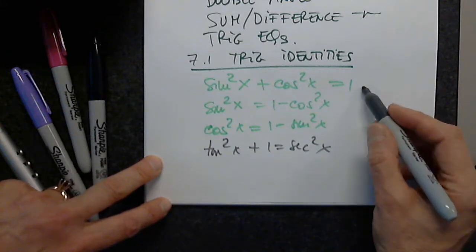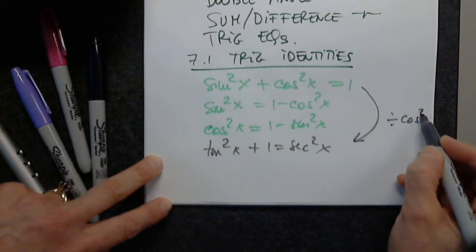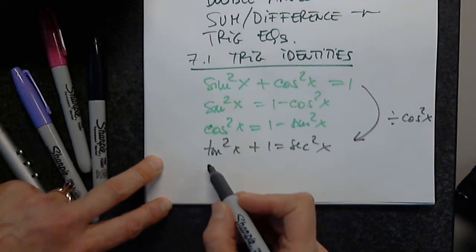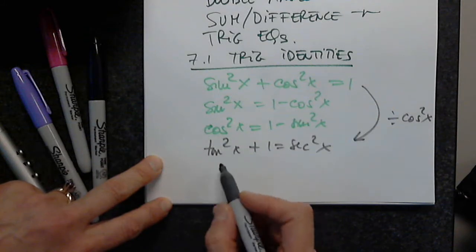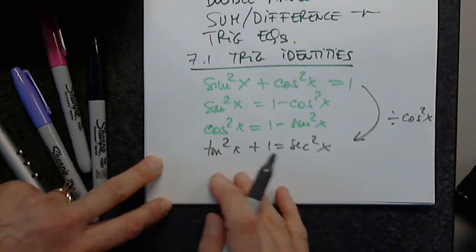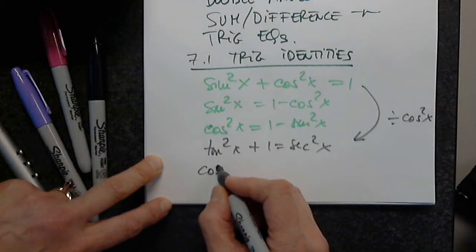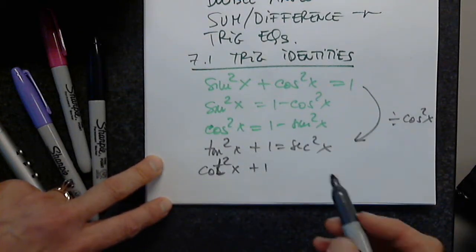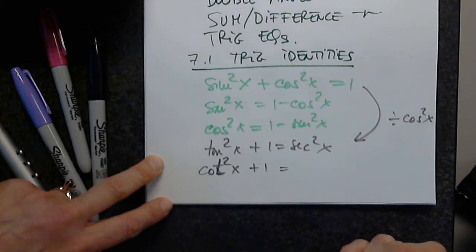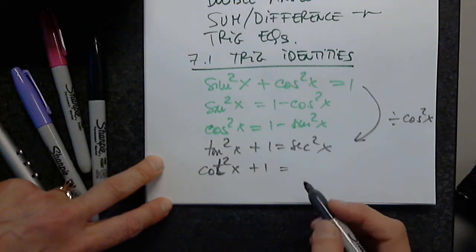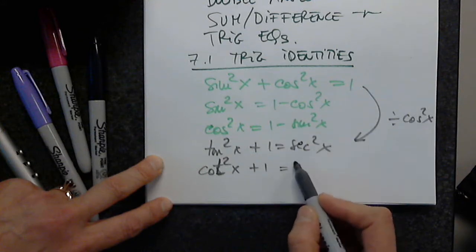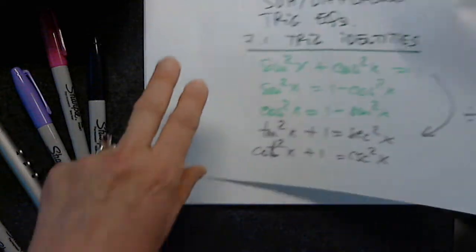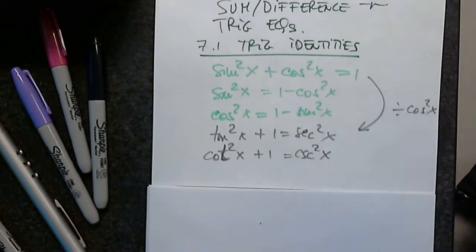Exactly. We divided this by cosine squared to get this one. Perfect. And the other one is just by sine squared, right? Good. If you want to keep them in the same order, it's fine too. Cotangent squared plus 1, but you can write 1 plus cotangent squared, it's the same thing. What does it equal to? Yes, cosecant squared. Very good. We know more than just this.